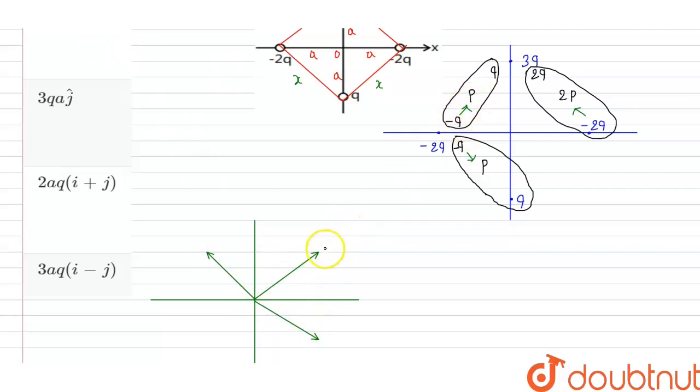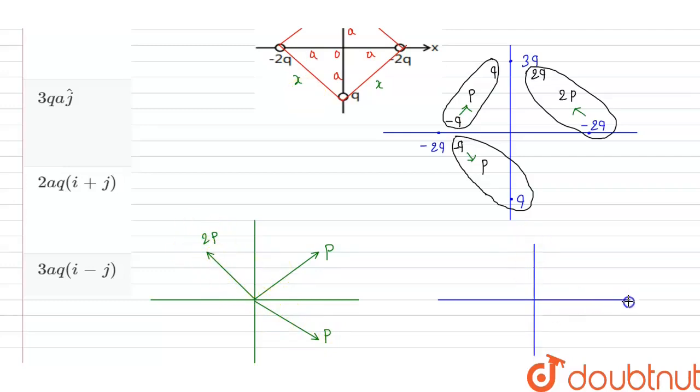This 2p is in this direction, and this p is in this direction. This p and 2p are in opposite directions, so this p and 1p from 2p got cancelled out.